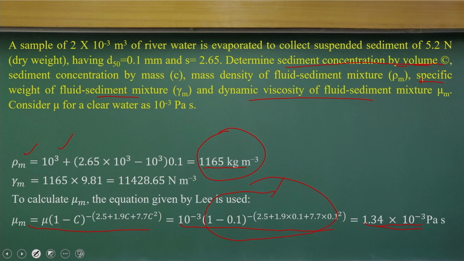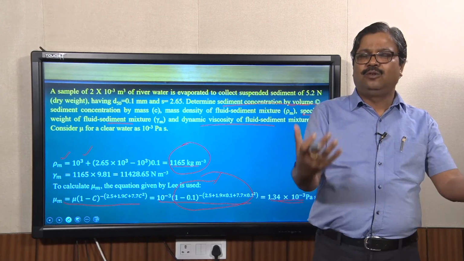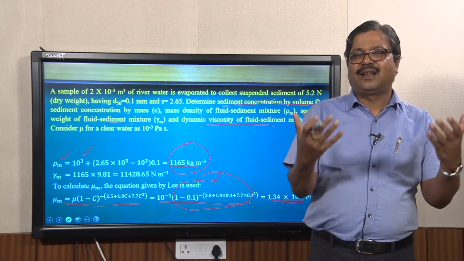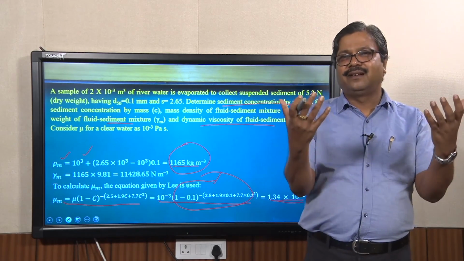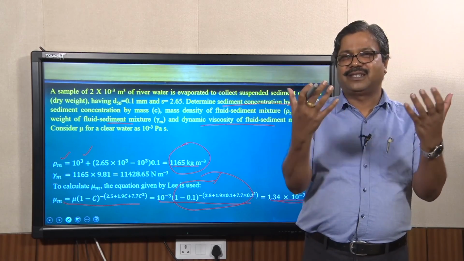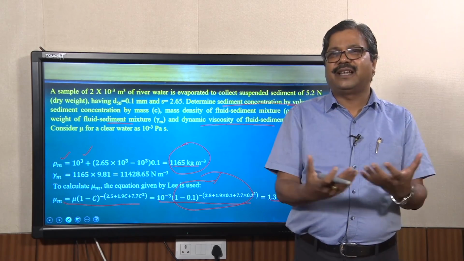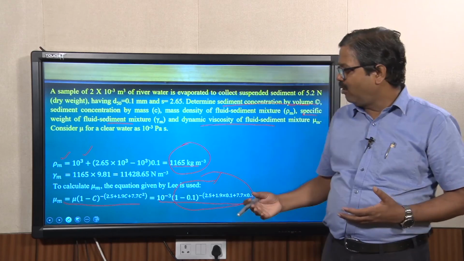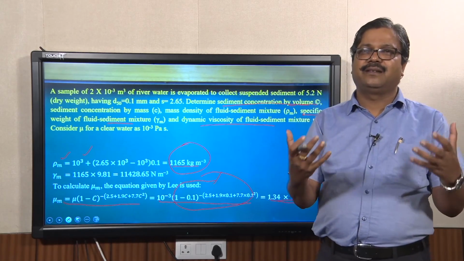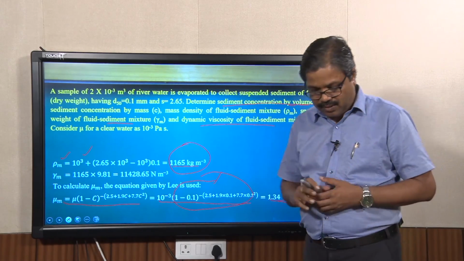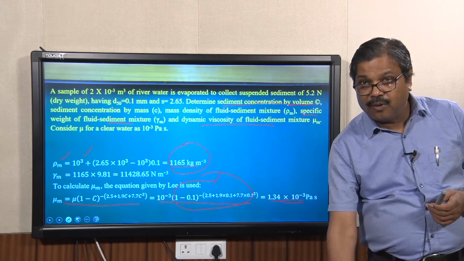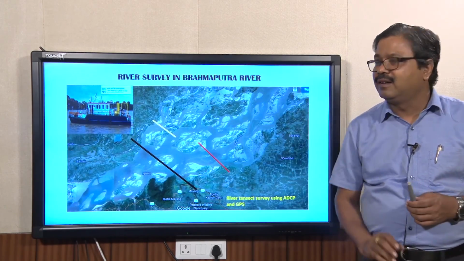We can do this easily: collect the water samples, evaporate, and weigh the remaining solid sediment particles to find all these fluid-sediment properties. That's the basic idea. Now let's go to the next slides.